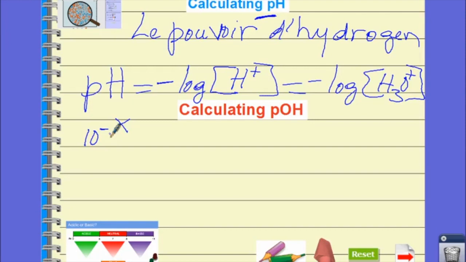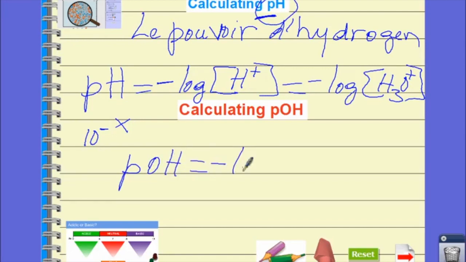And then the P is not done only for the H. We can have POH, PW, P happy face, P bananas. Whatever you have P of something, that something will be the power. Okay, so POH equal what?